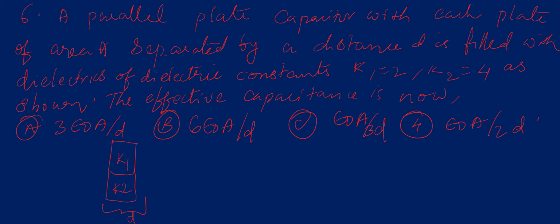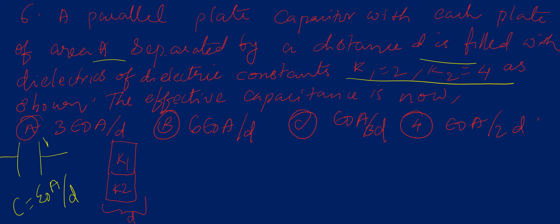A parallel plate capacitor with each plate of area A separated by a distance D is filled with dielectric of dielectric constant K1 equal to 2, K2 equal to 4 as shown. The effective capacitance is now, we know that for a parallel plate capacitor, capacitance is epsilon 0 A by D, where A is the plate area and D is the plate separation.